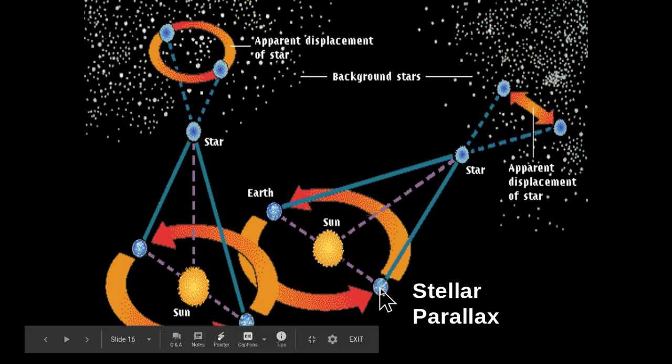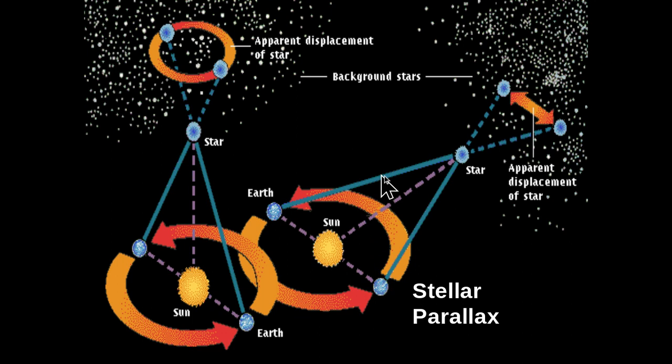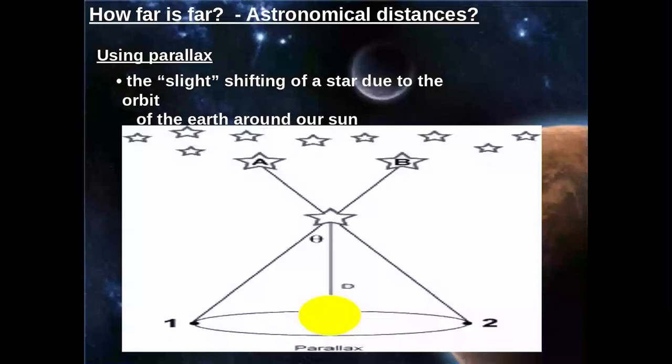This would be your right eye. This would be your left eye. This would be your thumb. So you can work with that analogy and try to put in your own words what the stellar parallax concept means. And again, this is just another slide showing you the interstellar parallax concept.